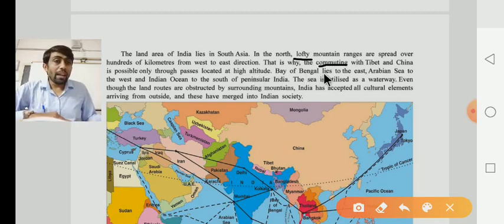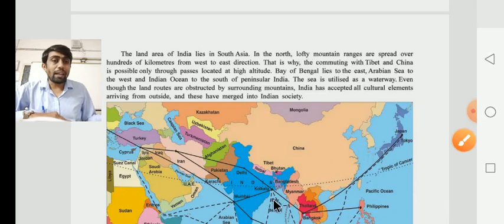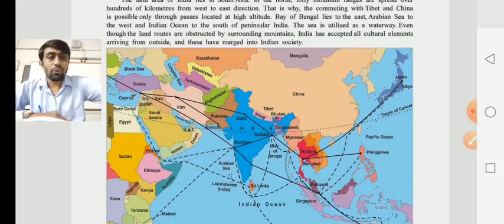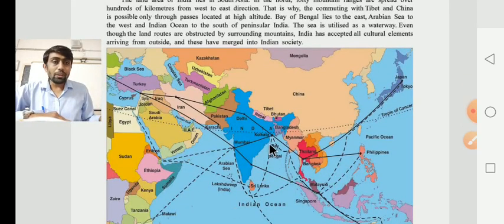Bay of Bengal lies to the east. The Bay of Bengal lies in which direction? In the east direction. Arabian Sea to the west. Dear children, first of all you have to see the map. Here the Bay of Bengal is there, here the Arabian Sea, and here the Indian Ocean.